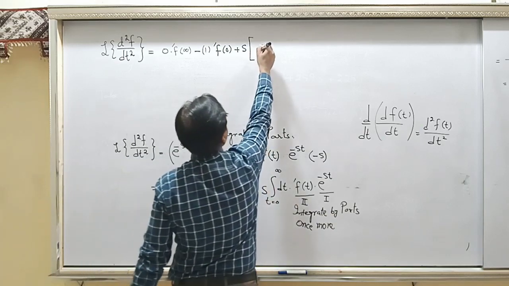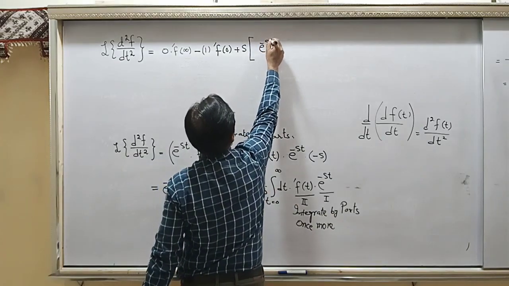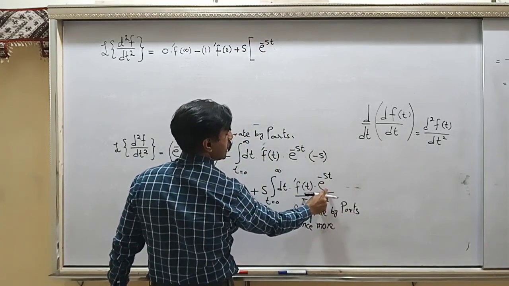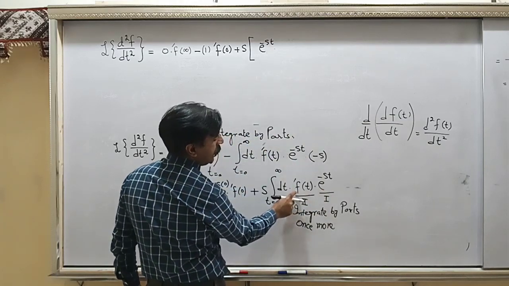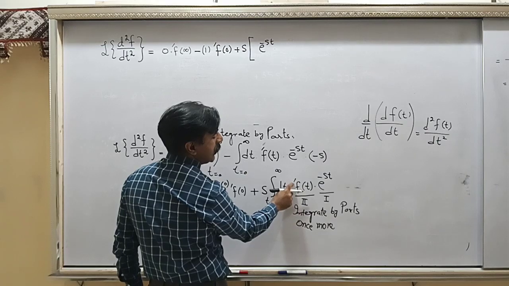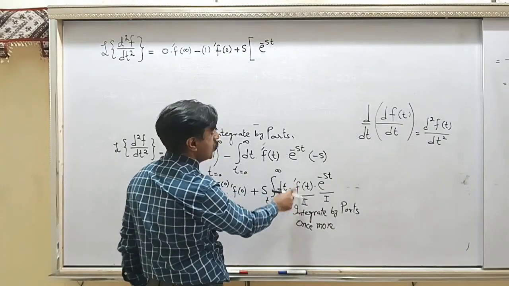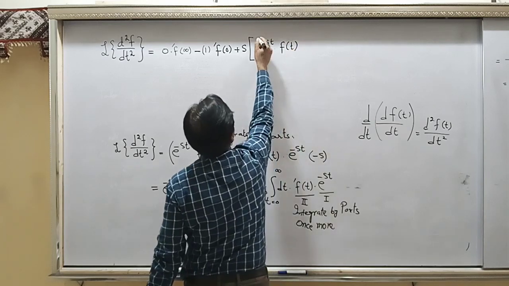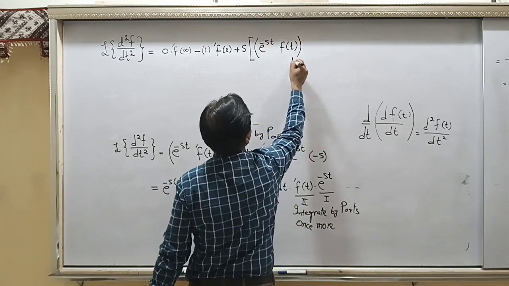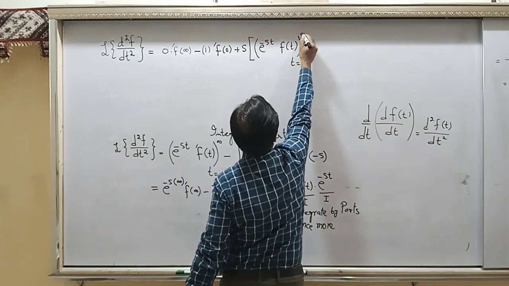The first function is e to the power minus st. First function into integration of the second function. When prime is integrated, the prime will vanish. You will have f only, and you need to apply the limits again, t from 0 to infinity.